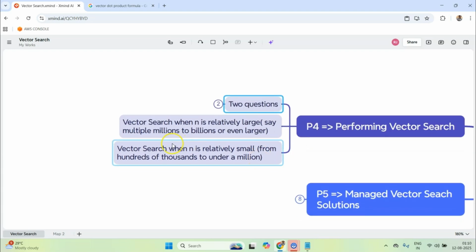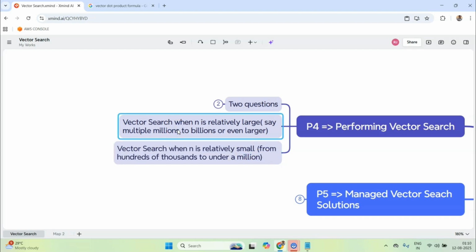Now once you answer these two questions, you have two different scenarios. Vector search when n is relatively small, and when I say n is relatively small, what I mean is from hundreds of thousands to under a million. And in comparison to that, we have vector search when n is relatively large.